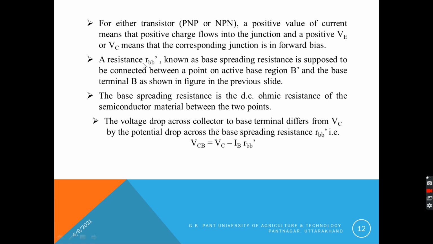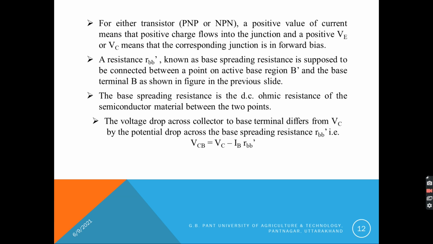Now a resistance RBB', which is also known as the base spreading resistance, is connected between a point on the active base region B' and the base terminal B, as shown in the figure in the previous slide. The base spreading resistance is basically the DC ohmic resistance of the semiconductor material between any 2 points.